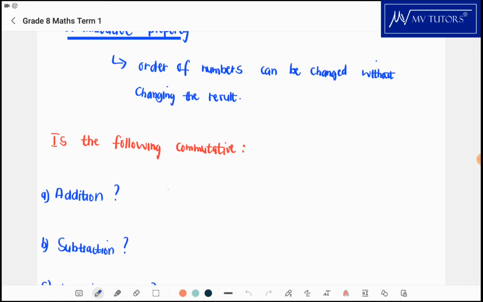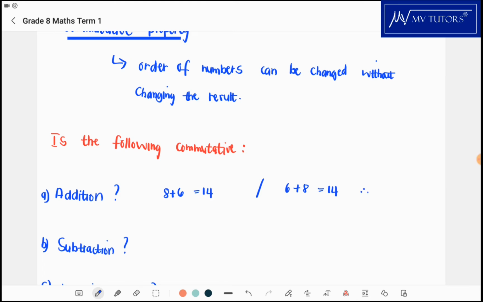If I were to say 8 plus 6, that gives me 14, right? Now, if I change the order of the numbers, will it change the result? Let's see. If I have 6 plus 8, that's also 14. So, is addition commutative? Yes.